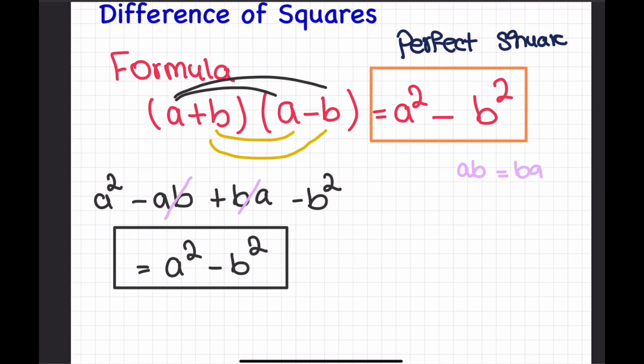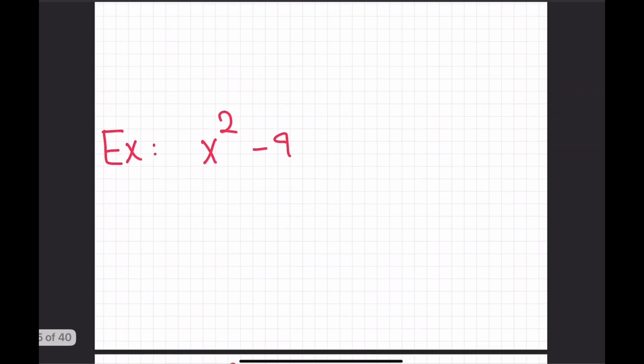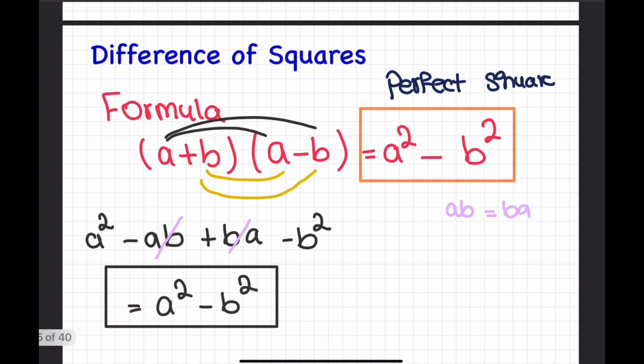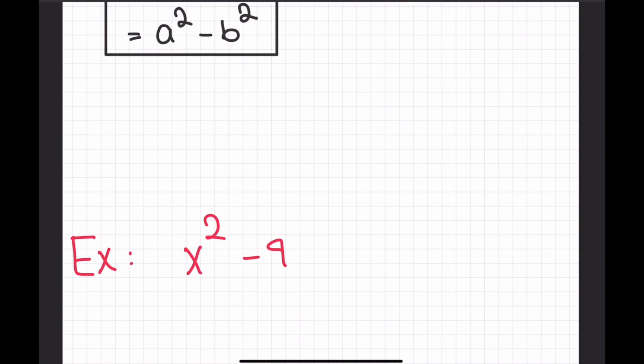If you want to use this in an example, this is the example you have: x squared minus 9. The first thing you're going to say is, how can I solve this? Remember, this formula applies when both terms are squares, or we can take a root of them. Here, x to the power of 2 is already a square, so we are okay.